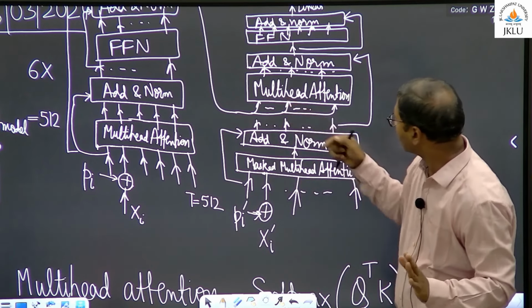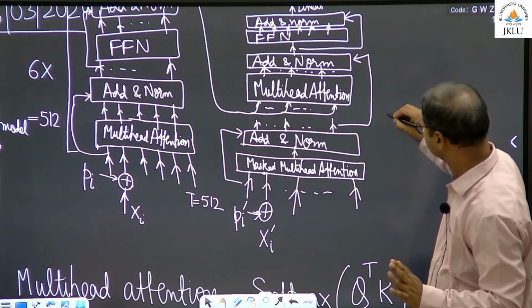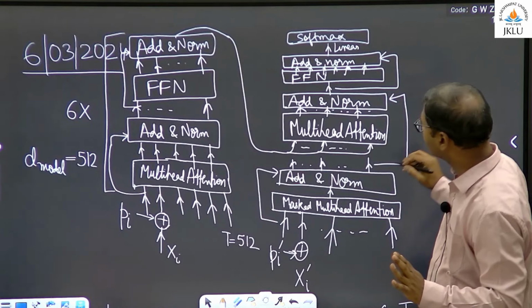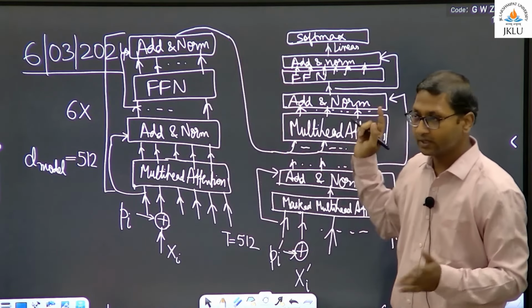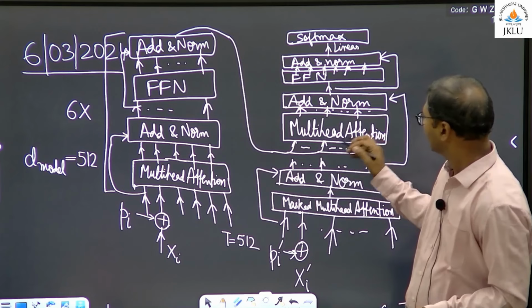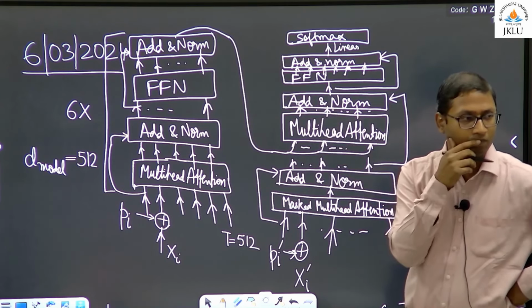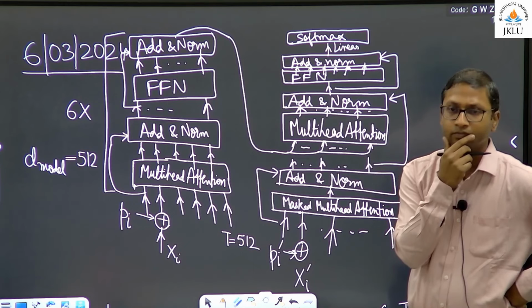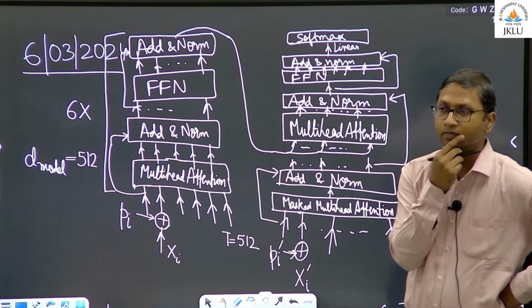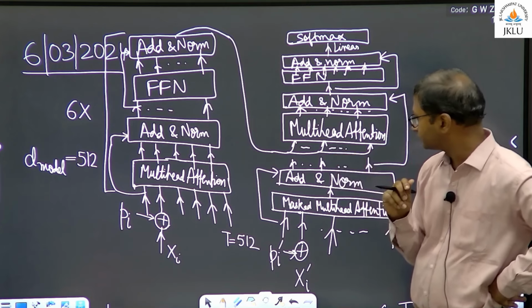What is left is, what are we doing here? I may not be able to do the number of parameters here in today's class, but that's okay. So what do we do here now? What happens here?